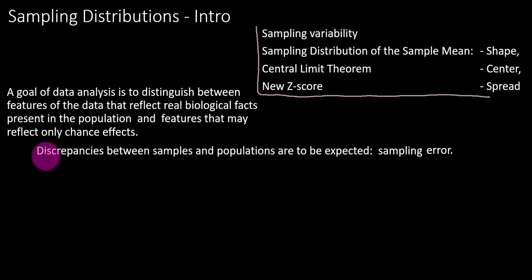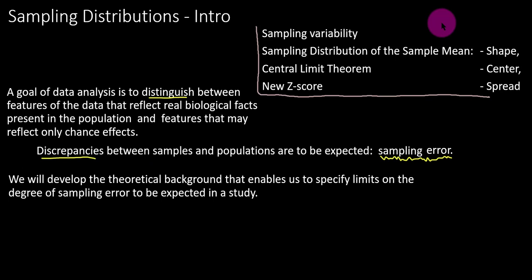However, there are discrepancies between samples and populations, and that's to be expected, and those discrepancies we called sampling error. And so an overarching goal is to distinguish between features that are present in samples that are reflections of the population and features that may be only due to chance effects, right? Those are the discrepancies.